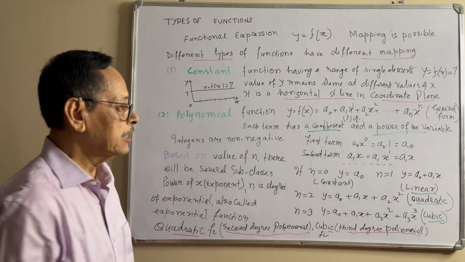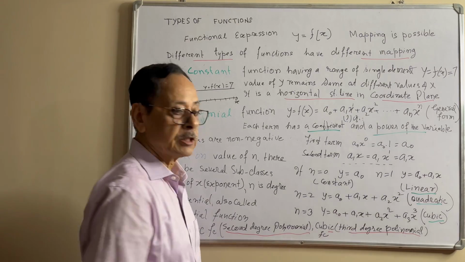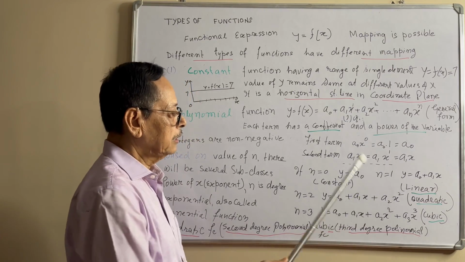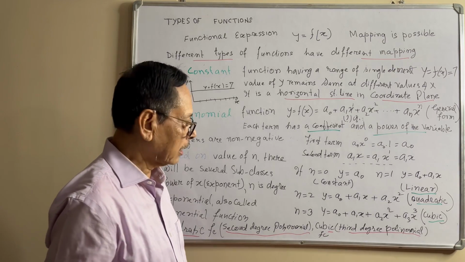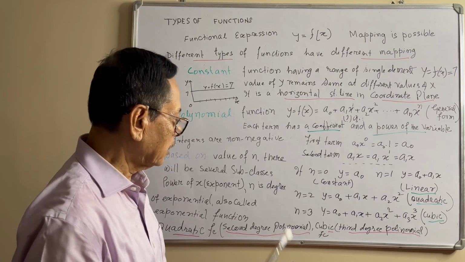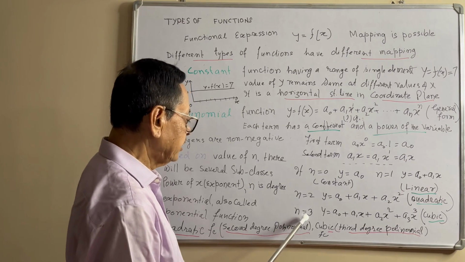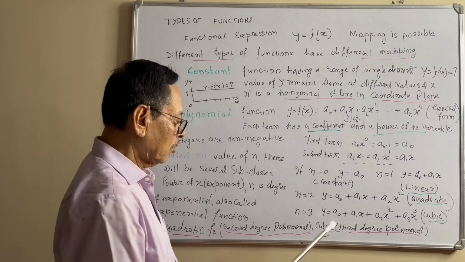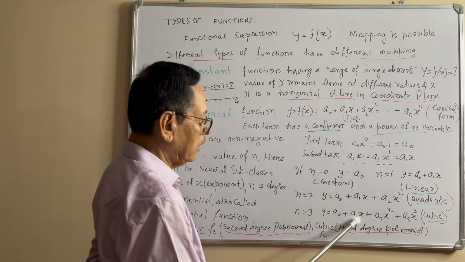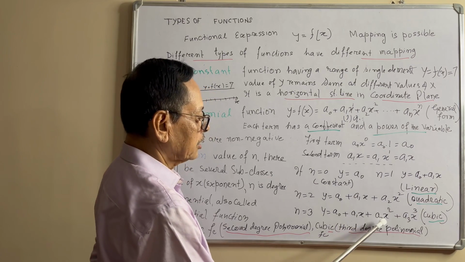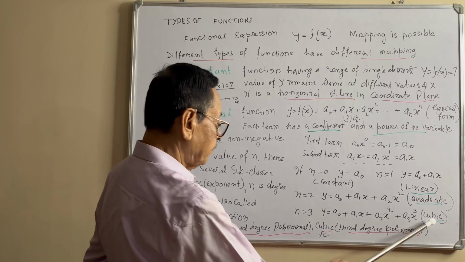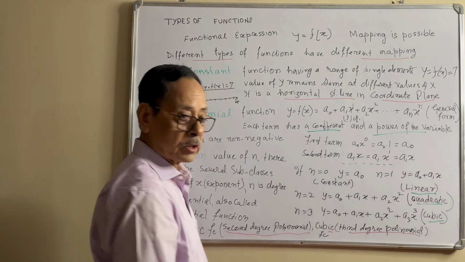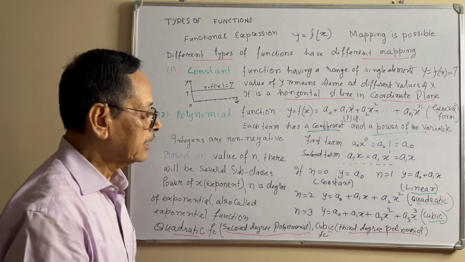So the highest power is 2. There are so many examples of quadratic functions. We will come later on to the shape of the curves. And when n is equal to 3, y is equal to a naught plus a1 x plus a2 x square plus a3 x cube. So it is a cubic function.